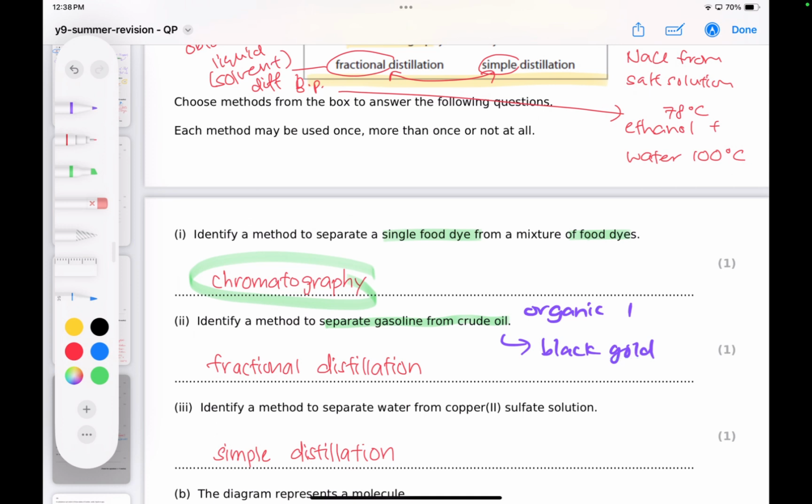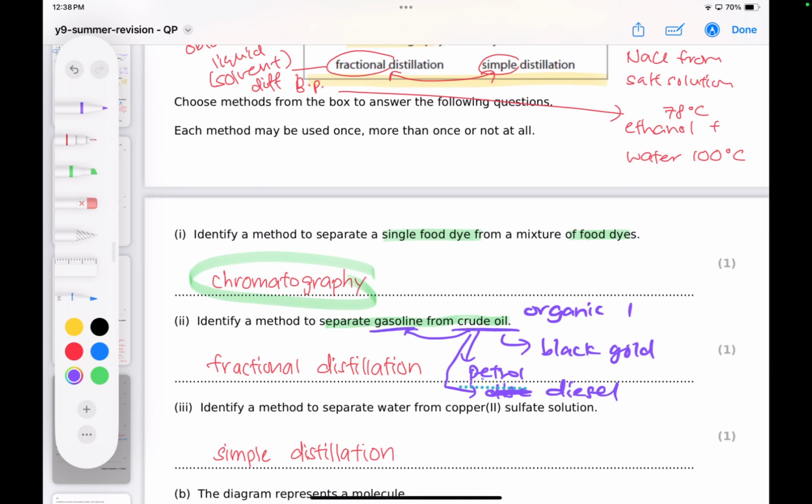From crude oil, we can actually extract a few fractions. Gasoline is just one of them. The more common things that students are familiar with will be petrol or diesel. These are just different examples of fractions that we can extract from crude oil.